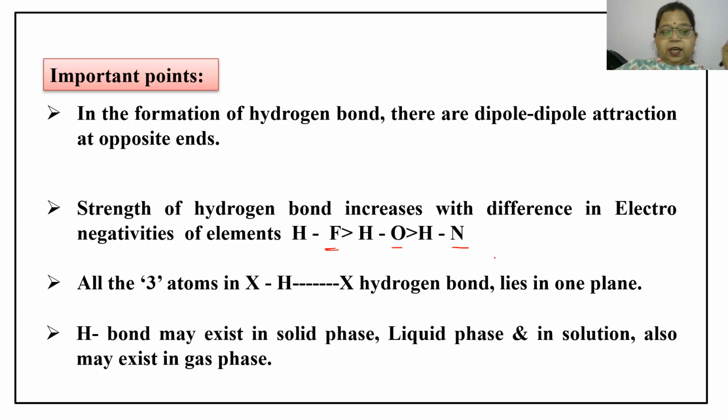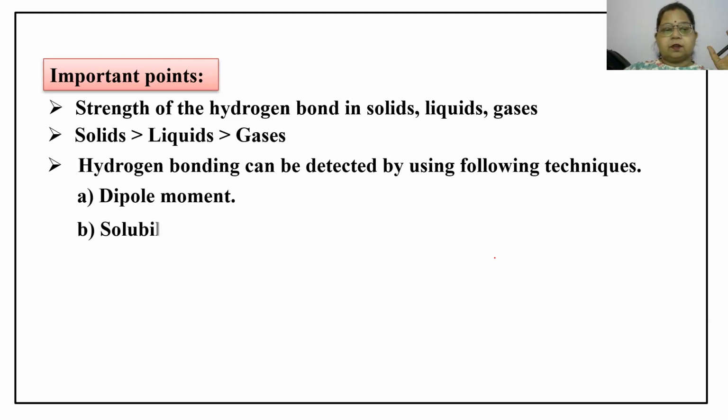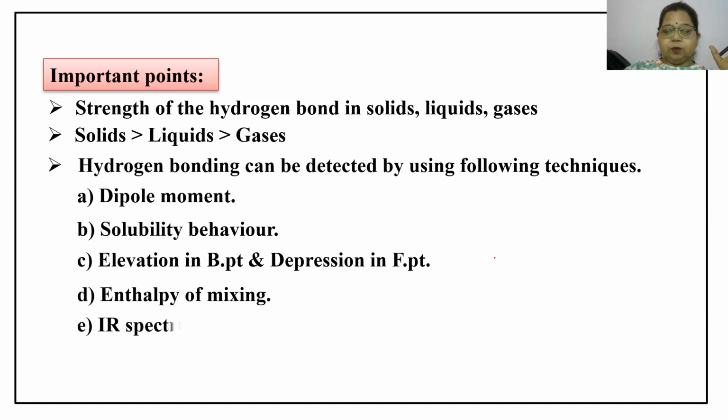Then they can exist in any physical state, solid, liquid, or gas, right? In solids, they are strongest, in liquids they are less strong, and in gases, they are weakest. Now, there are various techniques to detect hydrogen bonds because that is one of the obvious questions.